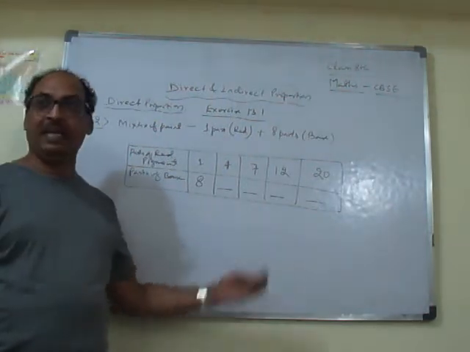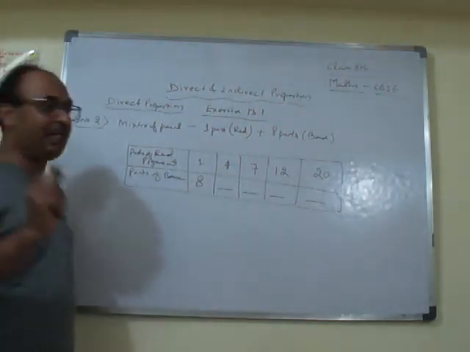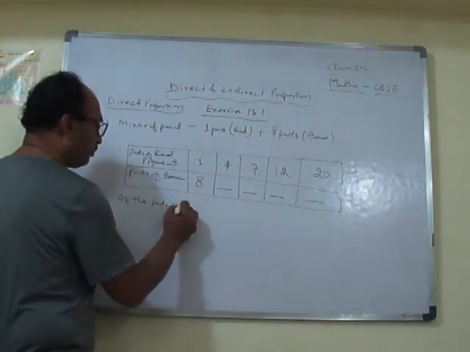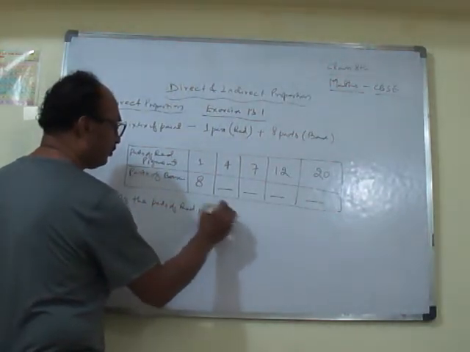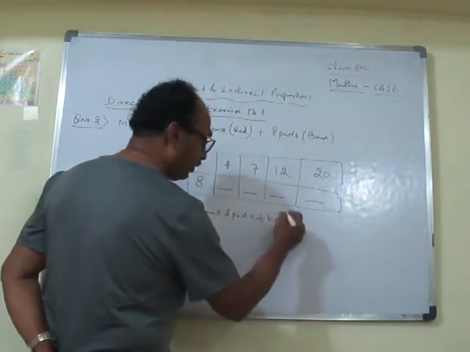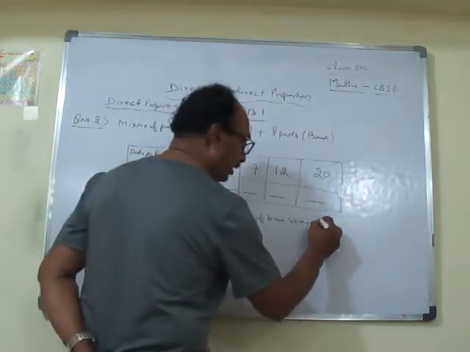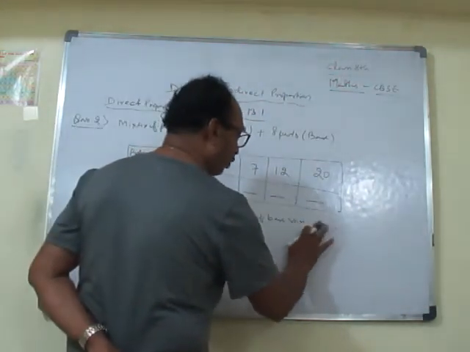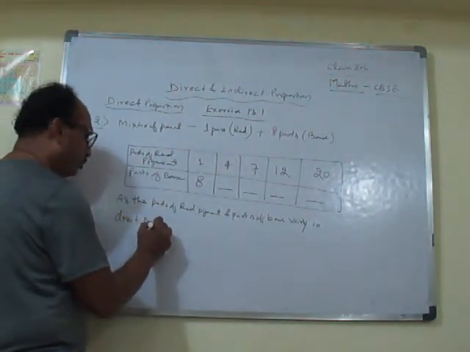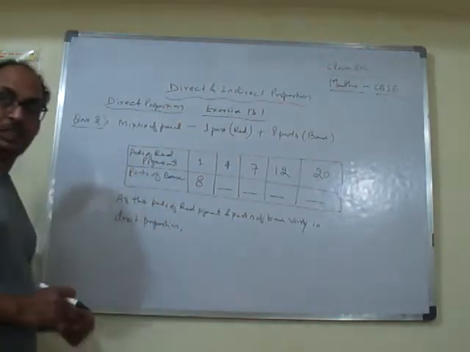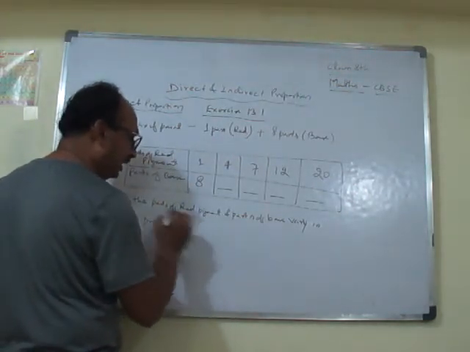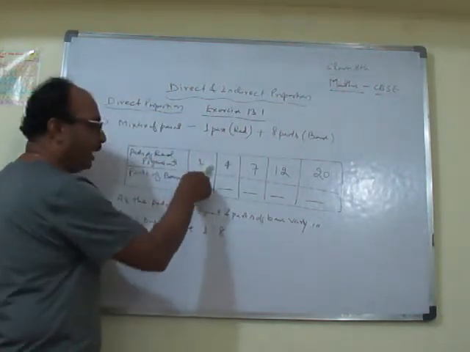As the parts of red pigment and parts of base vary in direct proportion, the ratio is 1:8, 1 by 8.